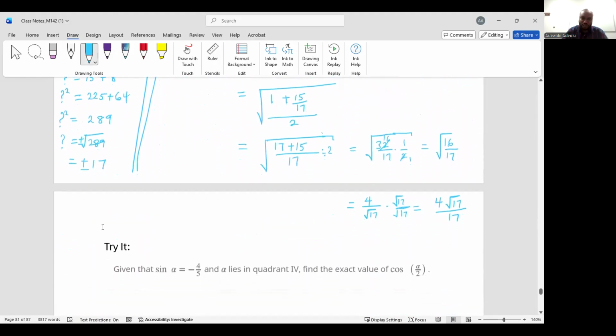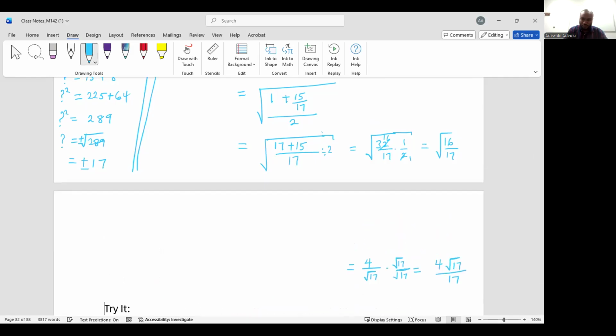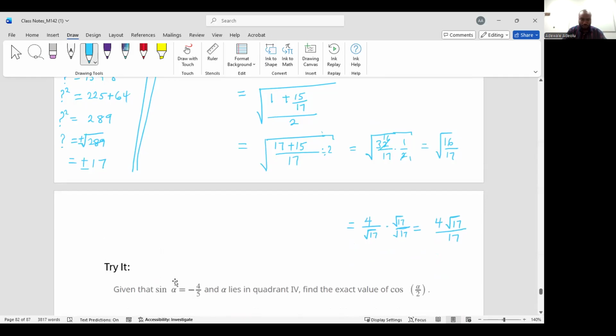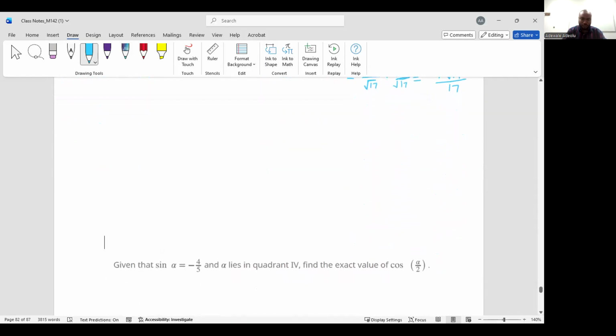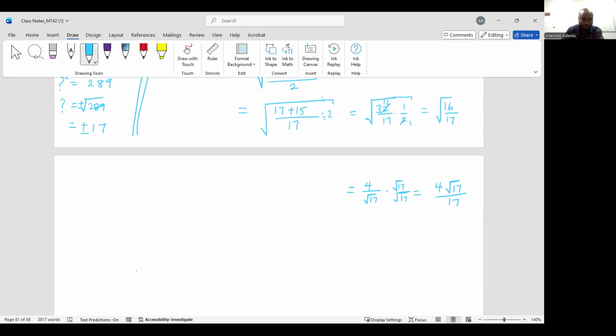Let us go to the next one, cosine of alpha over 2. Again, the formula is plus or minus the square root of (1 plus cosine of alpha) divided by 2.